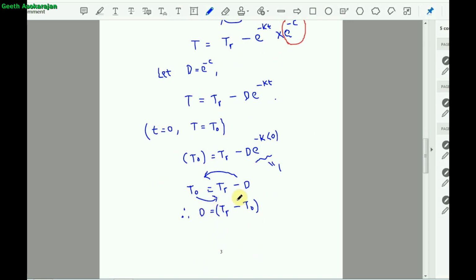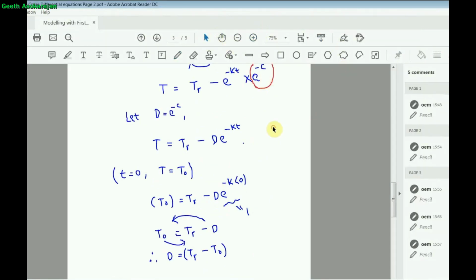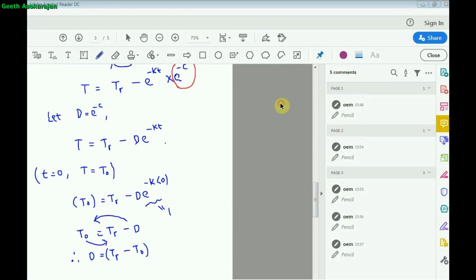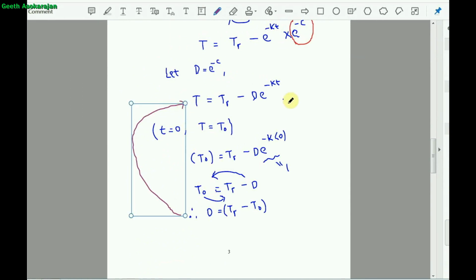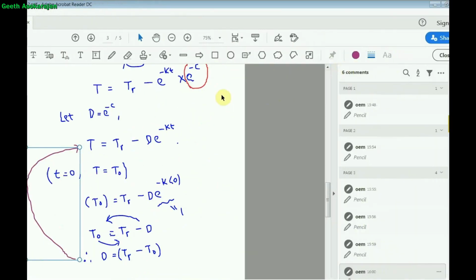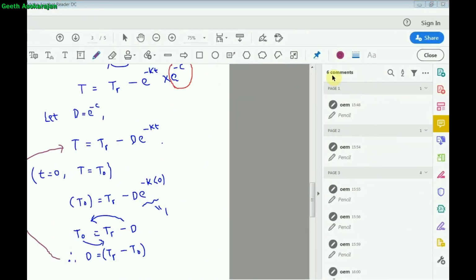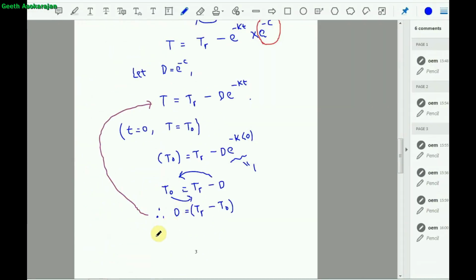So this is a capital D. Let me select a different coloured pen. Let me use this purple pen. So I'm going to replace D in this previous equation here. So if I go back to my favourite colour, blue, when I do the replacement, capital T then is going to be TR minus capital D, which is TR minus T0, multiplied by e to the minus KT.